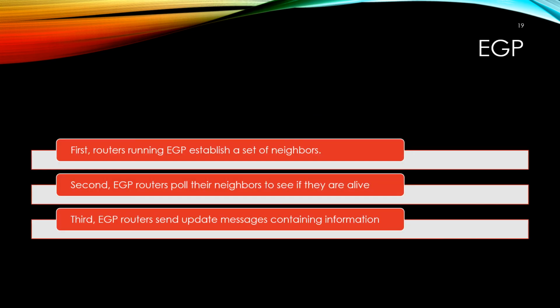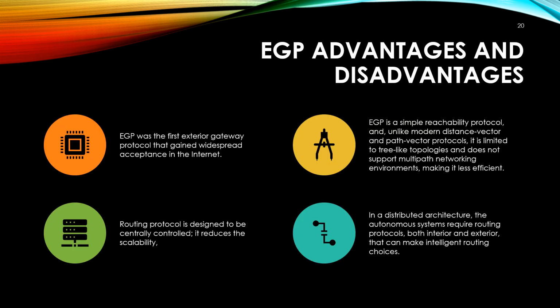Exterior Gateway Protocol is used to exchange network reachability information between the internet gateways belonging to the same or different autonomous systems. So EGP was the first exterior gateway protocol that gained widespread acceptance in the internet.